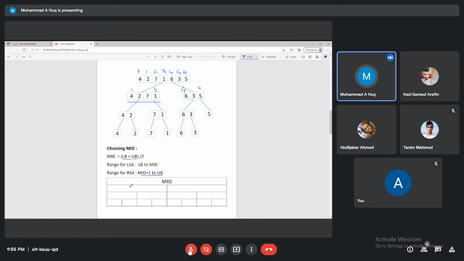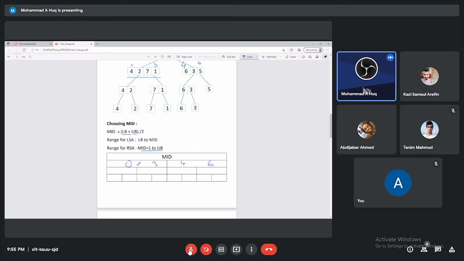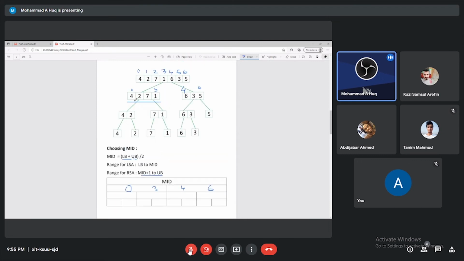Okay, 4 and 6. Now if we want to calculate the mid again based on this, what will happen?